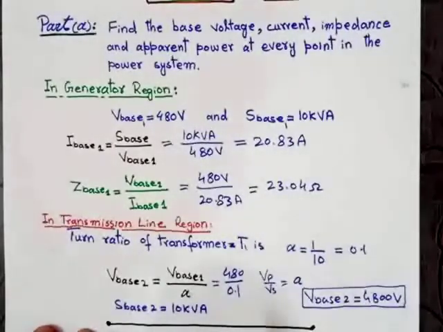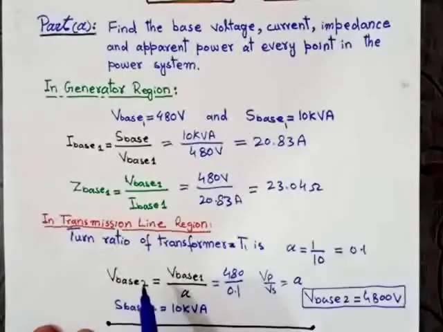A transformer only changes the voltage, that is, it steps the voltage up or down. So it means the base value of the voltage will change and the base value of the power will remain the same because a transformer does not change the power. So in the transmission line region, the base value of the voltage is equal to 4800 volt and the base value of the apparent power is equal to 10 kVA.